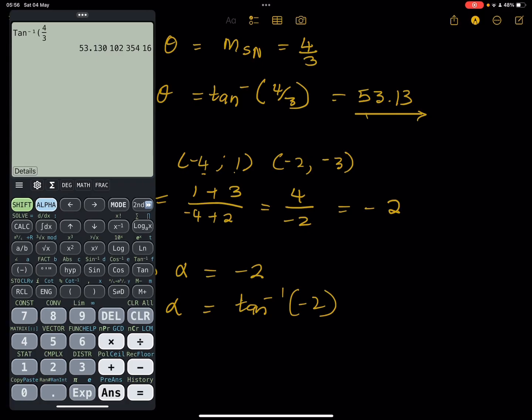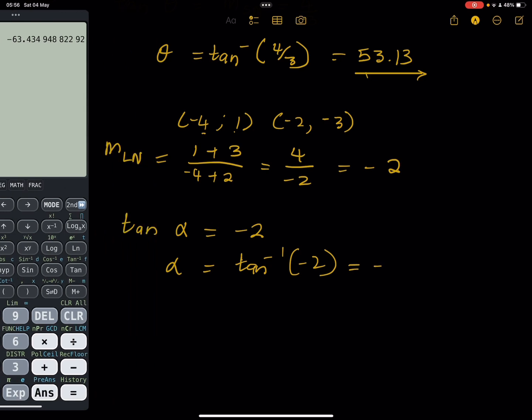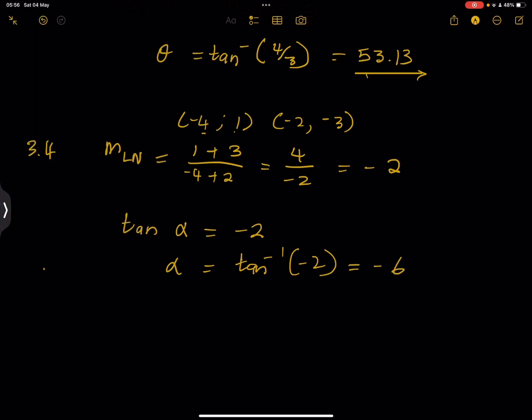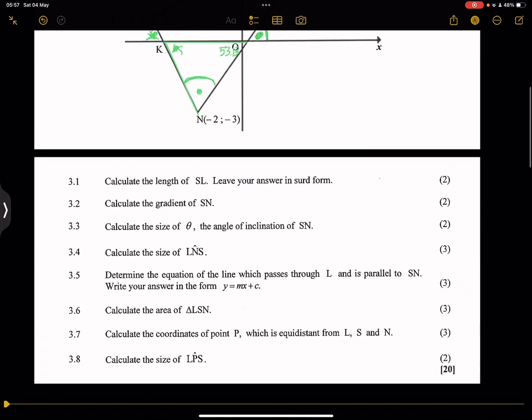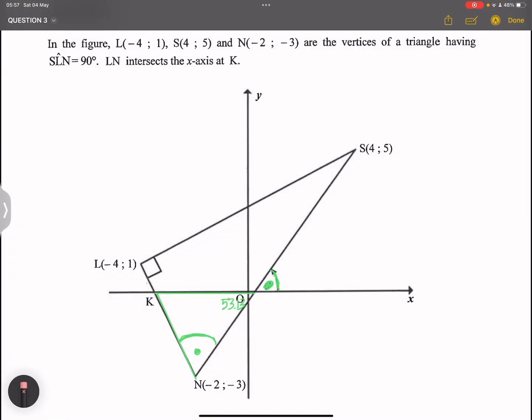Right, and if I shift tan of -2, I get -63.43, right? But remember, in this case, I'm getting the negative, and I'm going to show you just now. That has a negative gradient over there. So in fact, what it gives me is this angle here.